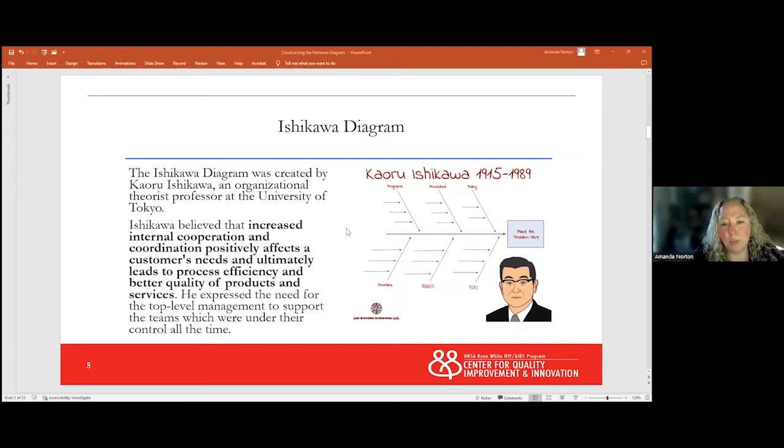Coming from Tokyo, in a manufacturing world, it was about how do we improve our efficiency and our effectiveness? How do we get our products as strong as we can and out the door? This was developed, I believe, in the early 60s, but please don't quote me on that because I'm not looking at the date directly right now.